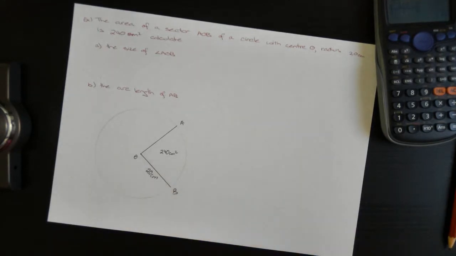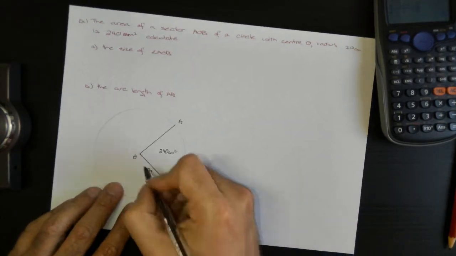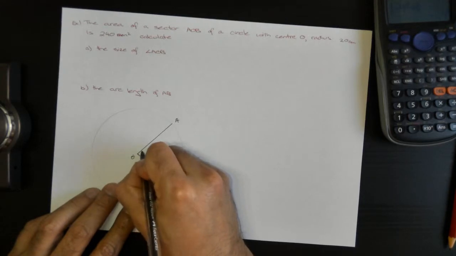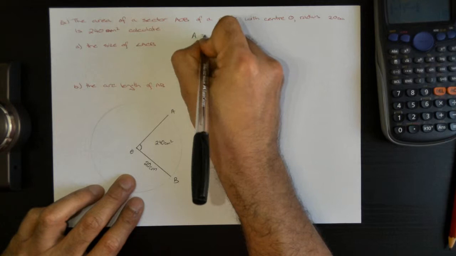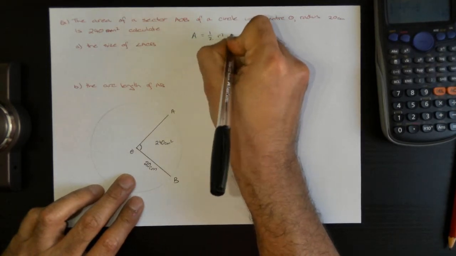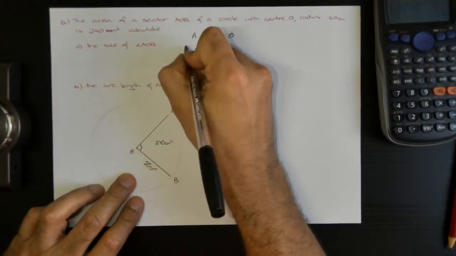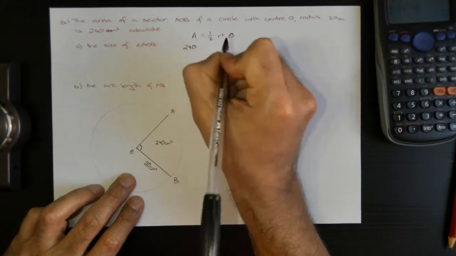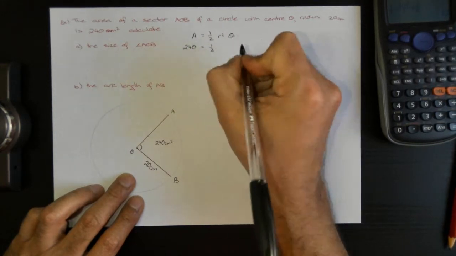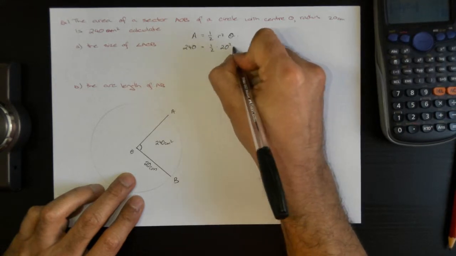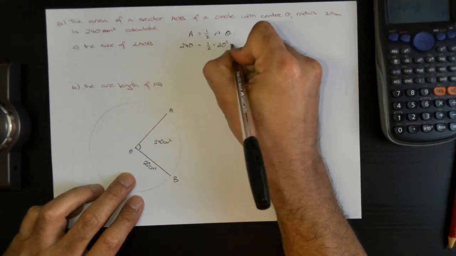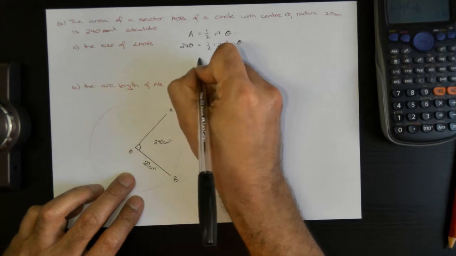All right. We want to find the size of this angle. Well, if we use the formula A equals a half r squared theta, we know that the area is 240. We know that the radius is 20, but we don't know what theta is.